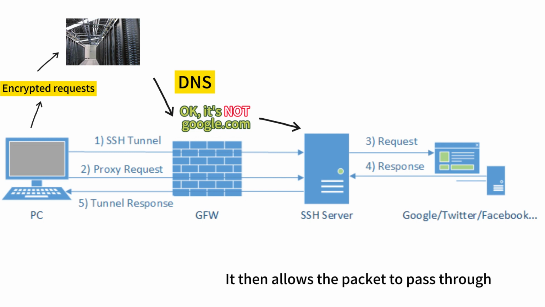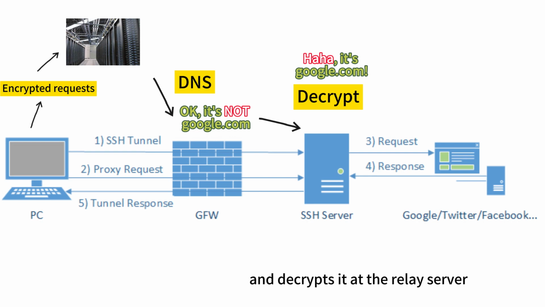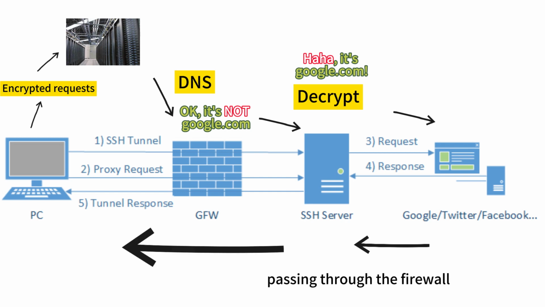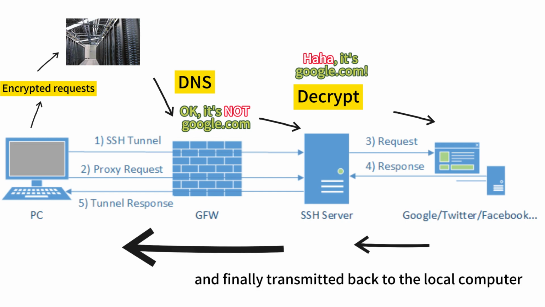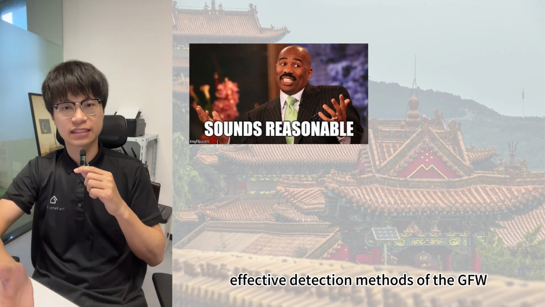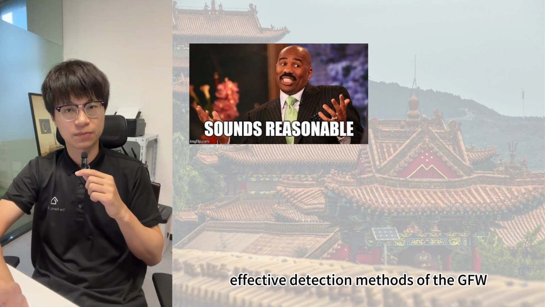It then allows the packet to pass through and decrypts it at the relay server to reveal the actual address I want to access. The packet is then forwarded to Google. The returned data is sent back to the relay server, passing through the firewall, and finally transmitted back to the local computer. This process perfectly circumvents the effective detection methods of the GFW.